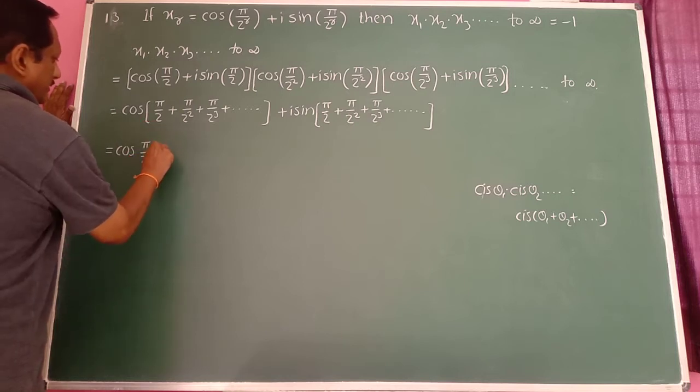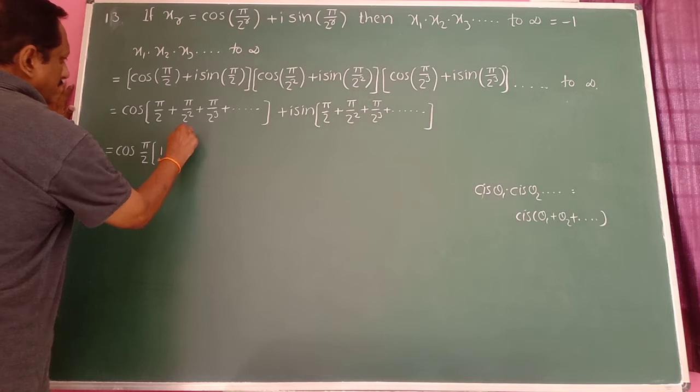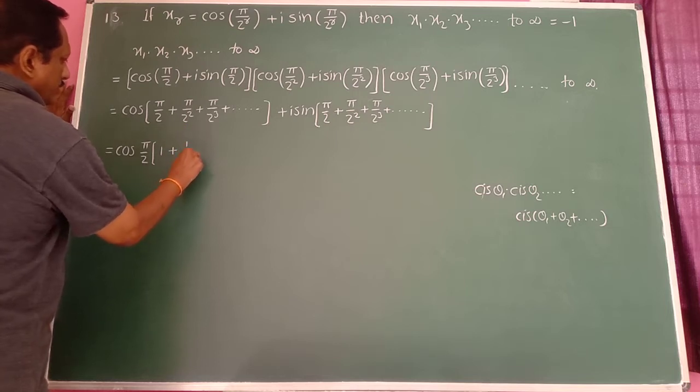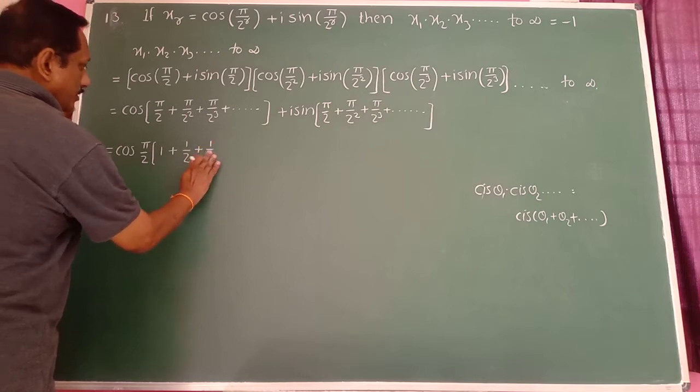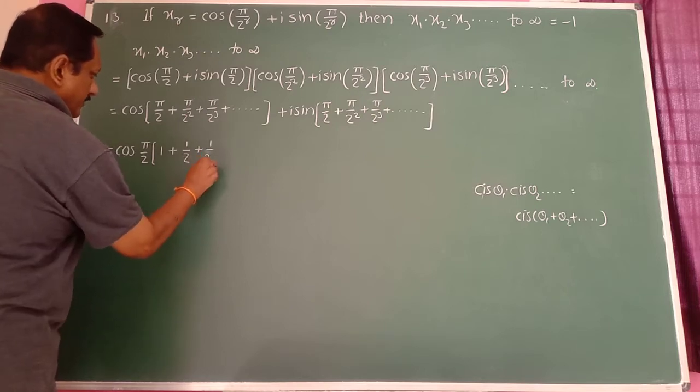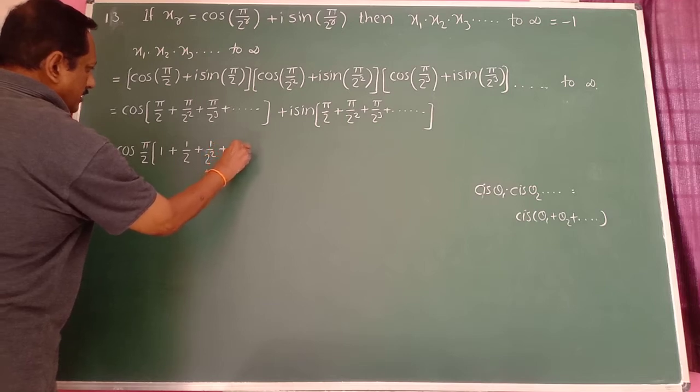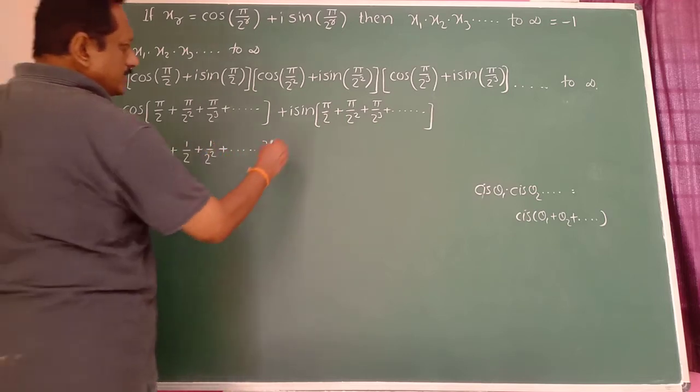pi divided by 2 is the common factor here. Then remaining is 1 plus 1 divided by 2 plus 1 by 2 square and so on.